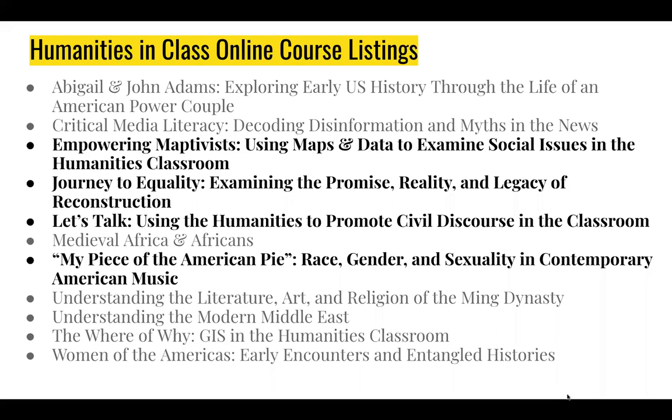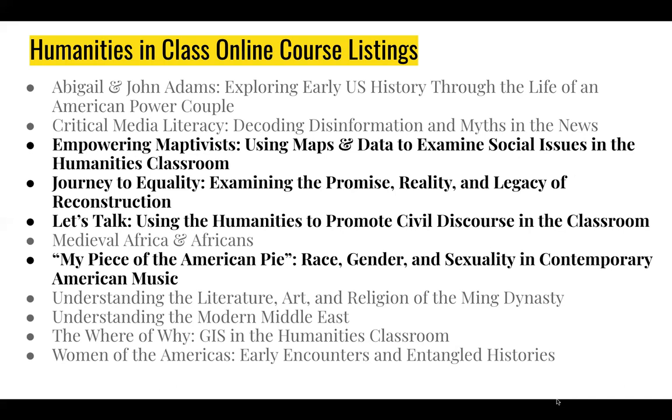These 3 courses: Empowering Mapivists, using maps and data to examine social issues in the humanities classroom; Let's Talk, using the humanities to promote civil discourse in the classroom; and My Piece of the American Pie: Race, Gender, and Sexuality in Contemporary American Music, are those where we started using the inclusive language developed by the center's metadata team. Before I dive into specific ways that we changed these courses, let me first explain the process of how we developed the courses, the stakeholders involved, and the review process before publication.